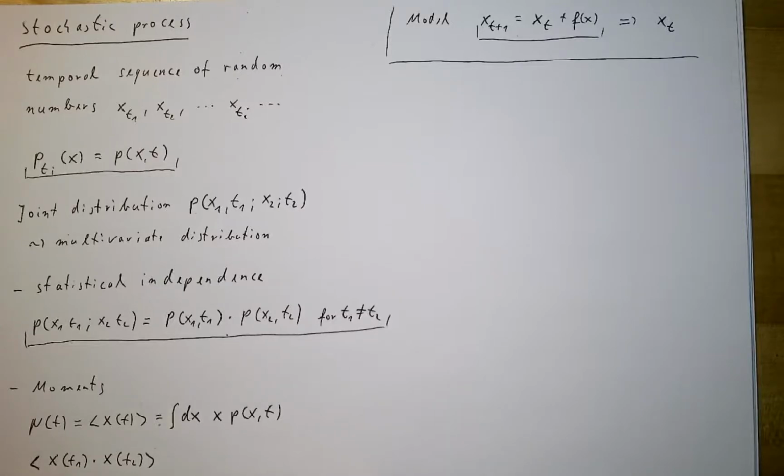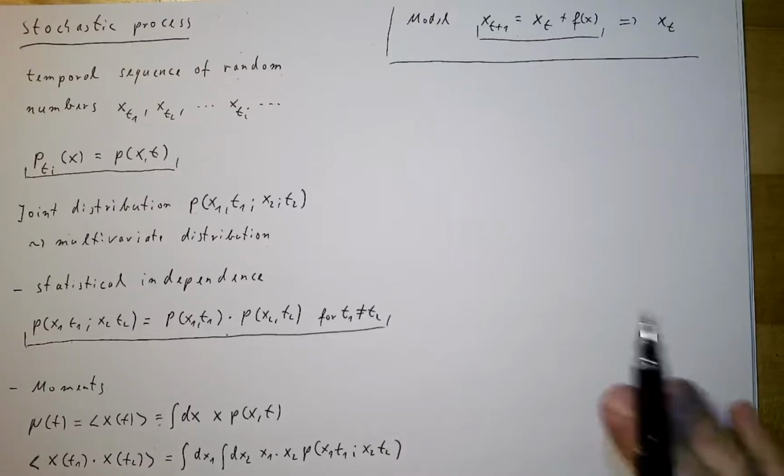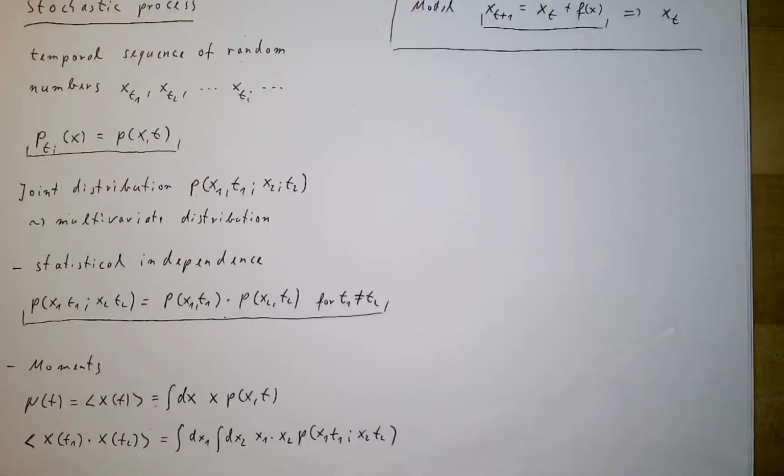And this is, as usual, defined: we integrate over x1, we integrate over x2, x1 times x2, and the joint distribution p of x1, t1, and x2, t2. So that was just a way to calculate moments.